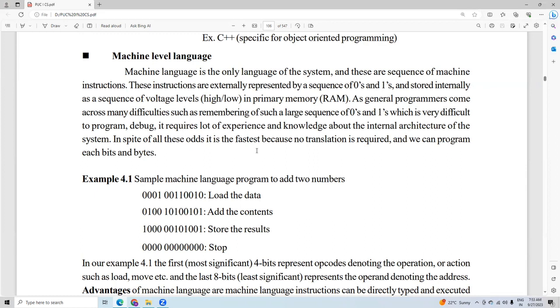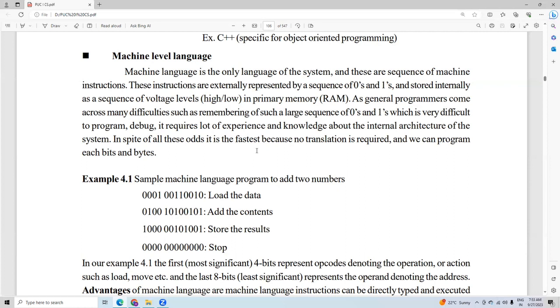So it will be stored as a sequence of voltage levels, high or low, in the primary memory, that is RAM only, because RAM is the only memory with which the CPU will be interacting.